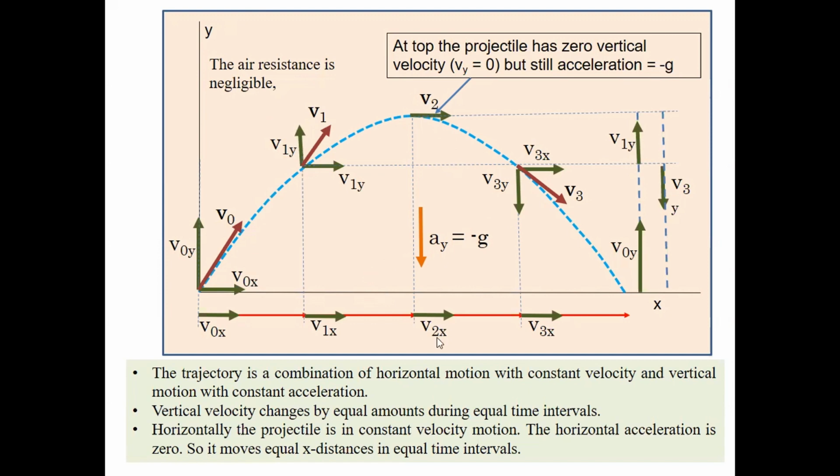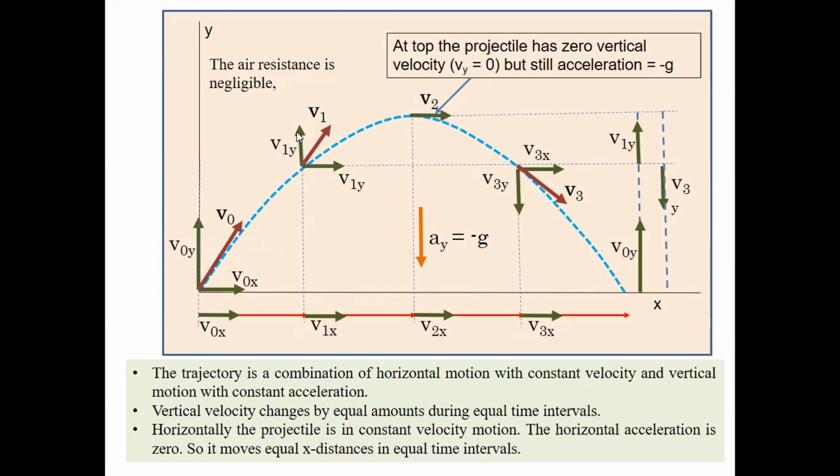We can see here that the components of velocity are shown for each point. This is the starting point where V naught is the initial velocity vector. It can be decomposed as V0x and V0y, and both are shown here. The vertical component is a bit more and the horizontal is small.